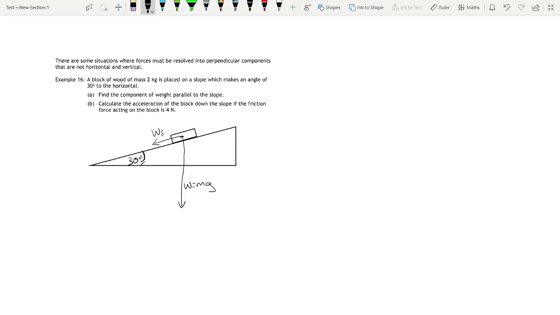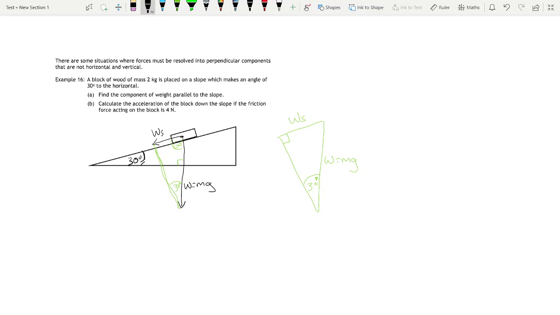If we connect up this line here, we've got a triangle where this is 30 degrees, because this angle here would be 60, because that's 90 degrees, and we know the angles in a triangle add up to 180. So if I redraw that triangle, that's 90 degrees, that's WS, and that's our weight, mg, and we've got a 30 degrees angle there.